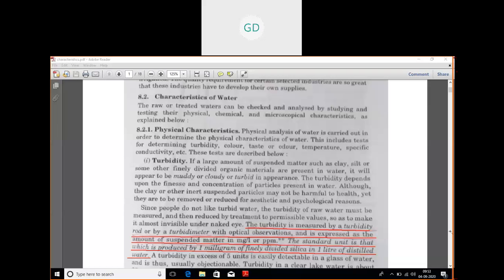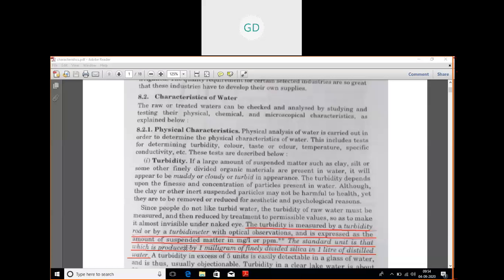If someone says that in a sample of water 5 ppm of turbidity is present, that means 1 liter of distilled water contains 5 milligram of finely divided silica. So turbidity is based on the silica scale. You remember that one. Sometimes in your competitive exams these short MCQs come, so you have to remember all these things.